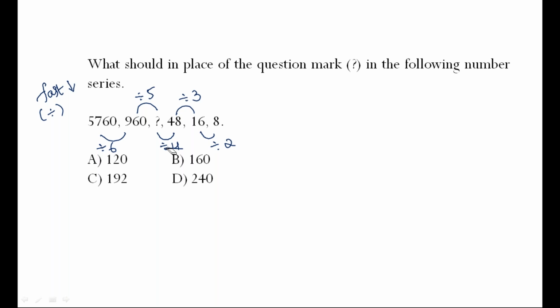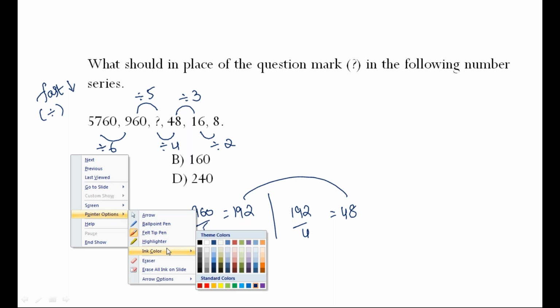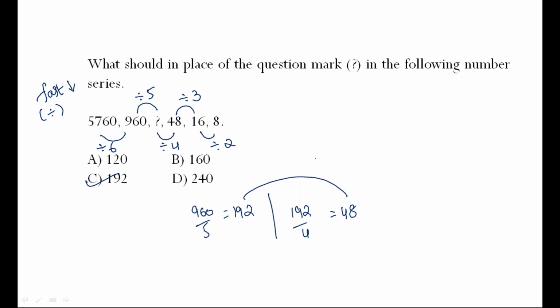Now, 960 divided by 5 is nothing but 192. Then you check 192 divided by 4 is nothing but 48. You should check that. Don't stop there itself. You just try to continue and see whether the next number you are obtaining or not. Otherwise, your logic may be false.